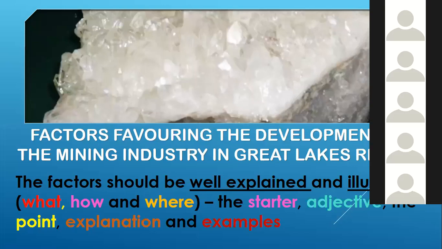It is clear, you must explain. If I say outline the factors favoring the development of the mining industry, I don't expect you to just outline presence of mineral deposit, market, capital, improve transport networks. You'll get 0. So you must explain them very well and clearly.